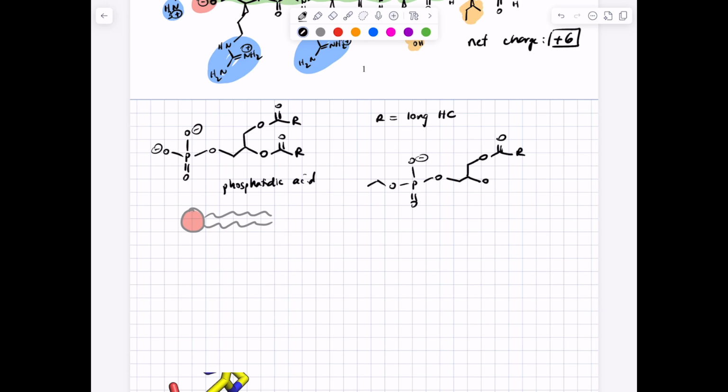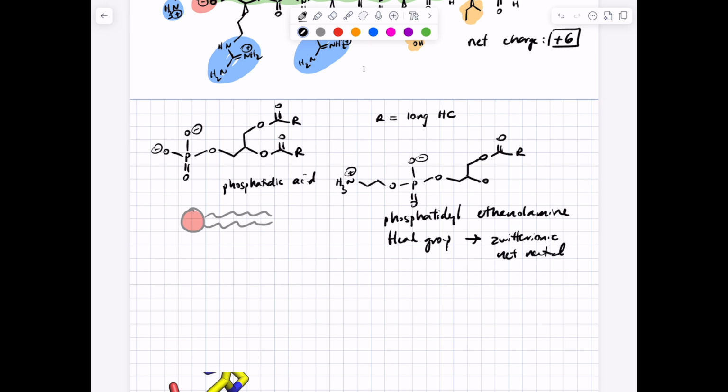neutral or perhaps even positively charged. So this is an example. This is called phosphatidylethanolamine. And the head group for phosphatidylethanolamine is zwitterionic, meaning it's neutral though charged, net neutral.